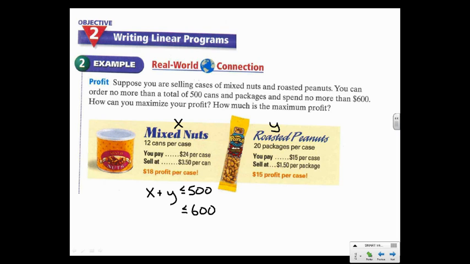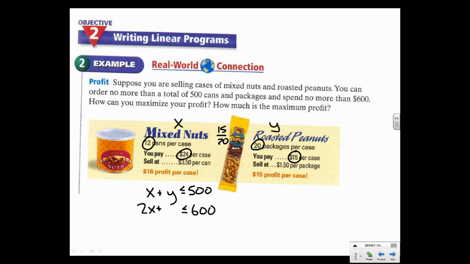Right? And let's see how much we pay. It's $24 per case, and we get 12 cans, so that's $2 a can. Or $15 split between 20. So that'd be 15 over 20, which is 3/4. So plus 75 cents.